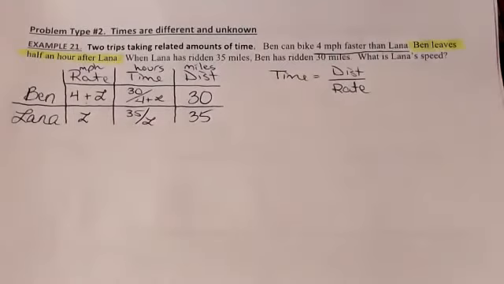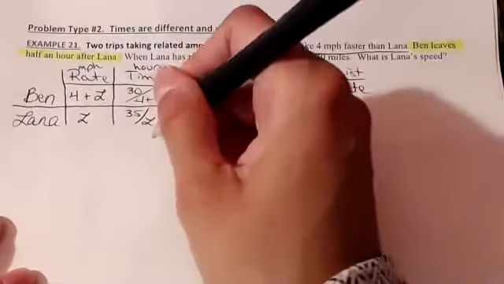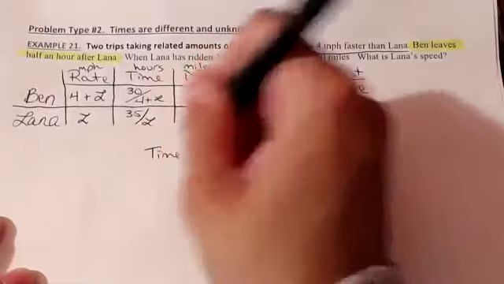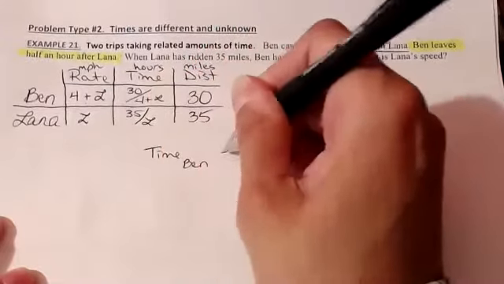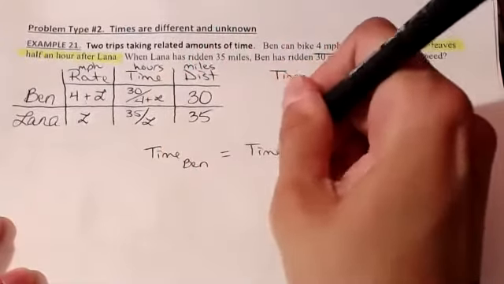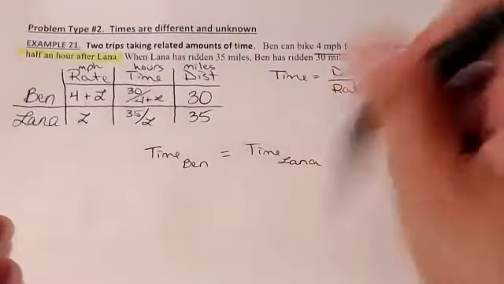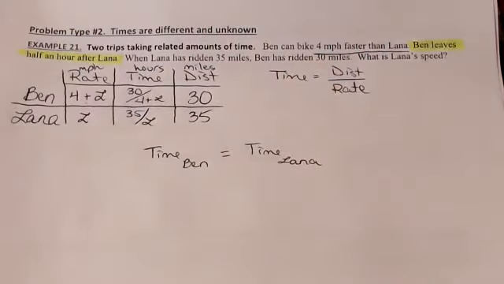Now, just like our previous problems, we wanted their time to be equal, right? So I'm going to write something down. So time for Ben equal to time for Lana. Except what I just wrote here is a flat out lie. That's not true. You know it's not.